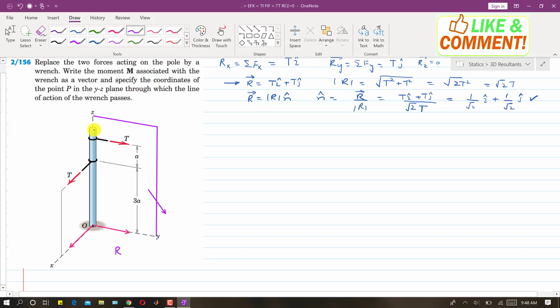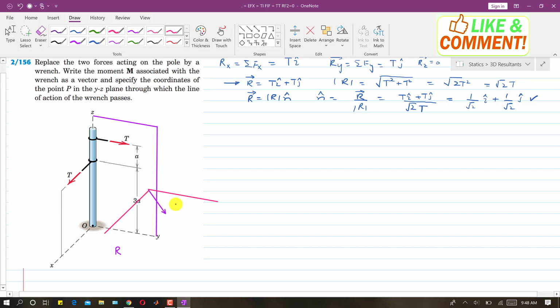Remember, let me draw the axes here as well, right? So if this is the positive Y axis, and I place the X axis as well at that point, this resultant vector is in the XY plane, right?